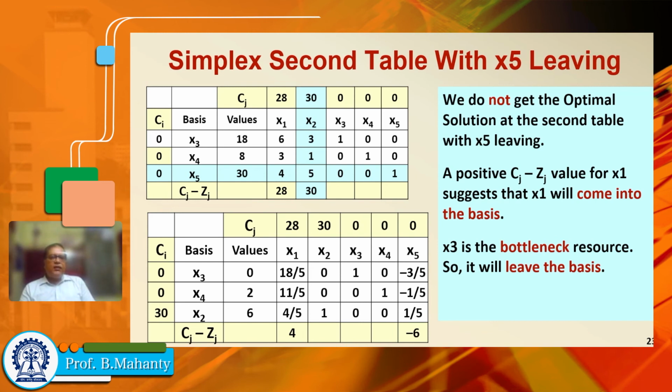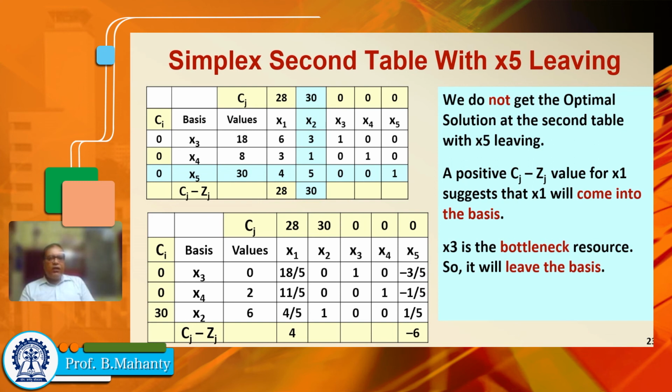You will see that x2 comes into the basis. So we have 6 here because the 5 is the intersecting element. First of all, the key row will be 30 by 5 equal to 6, 4 by 5 equal to 4 by 5, 5 by 5 equal to 1, 0 by 5 is 0, 0 by 5 is 0, and 1 by 5, that is 1 by 5.